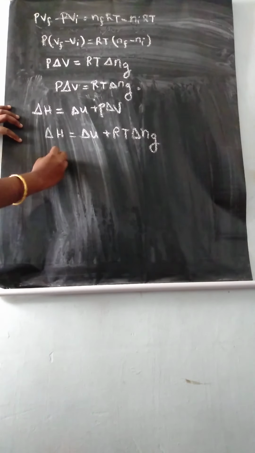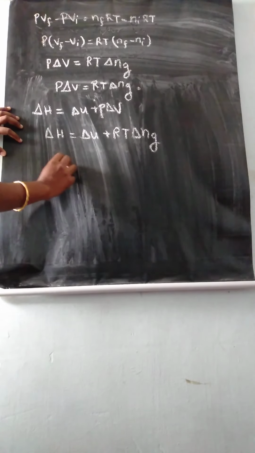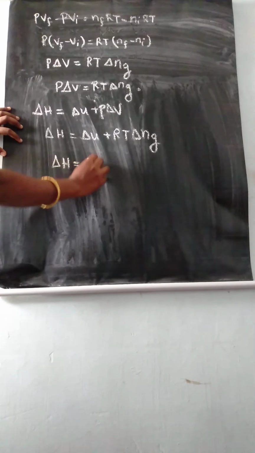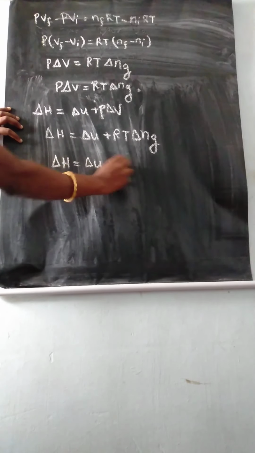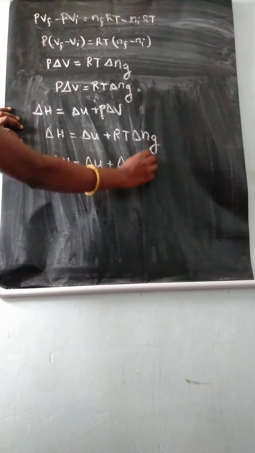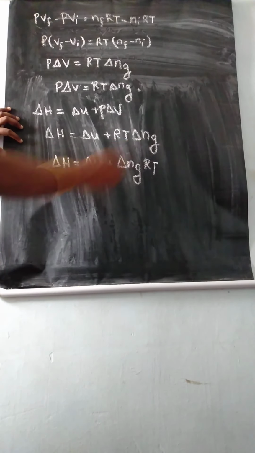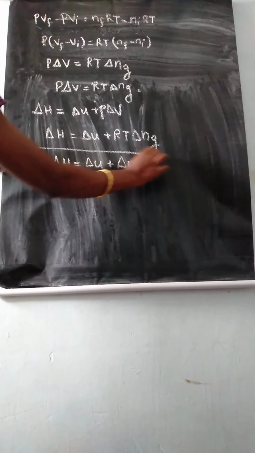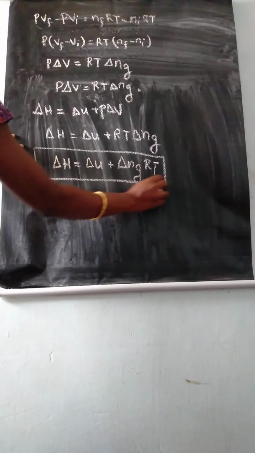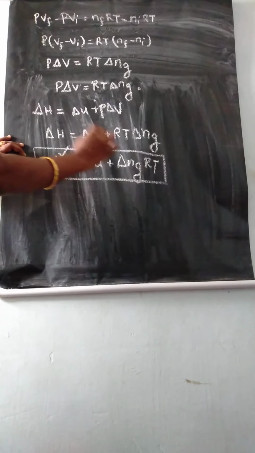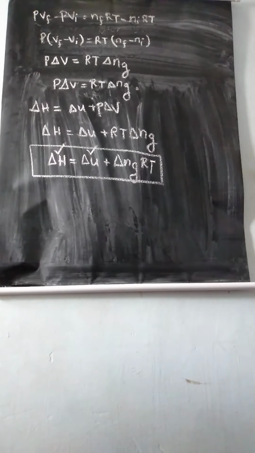Just rearrange and write: delta H is equal to delta U plus delta Ng into RT. This is the relation between enthalpy and internal energy.